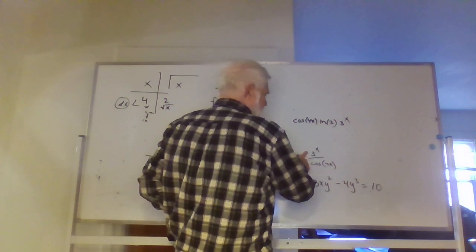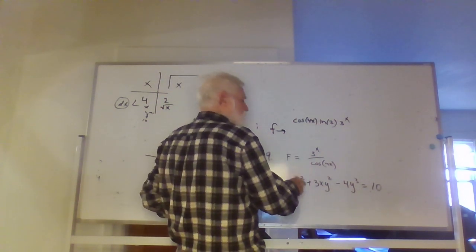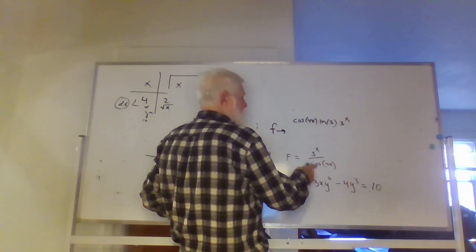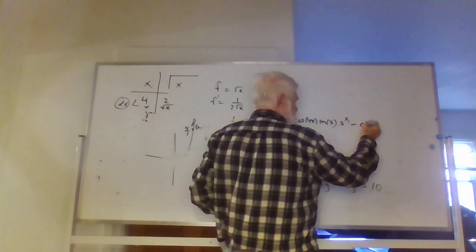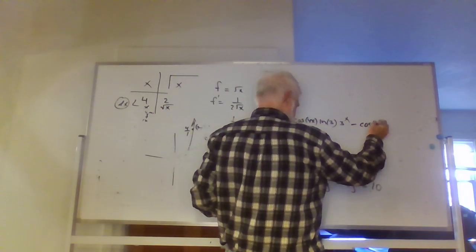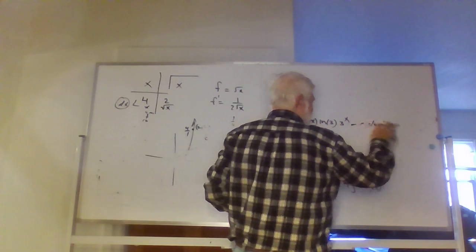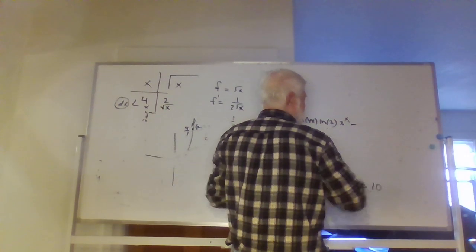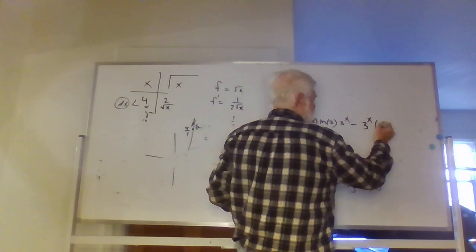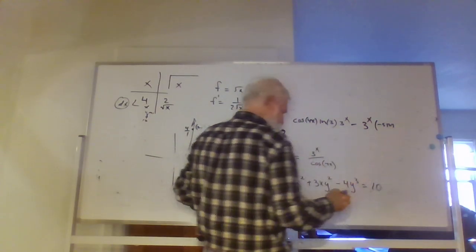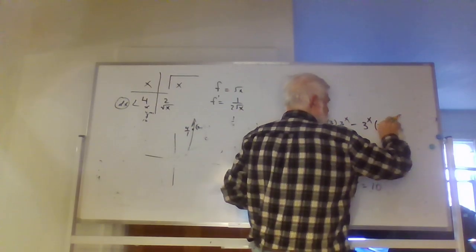Low d high minus high d low. Yeah, you can tell I'm losing my train of thought. Minus high, excuse me, d low is negative sine of 4x times 4, so minus 4 sine 4x.